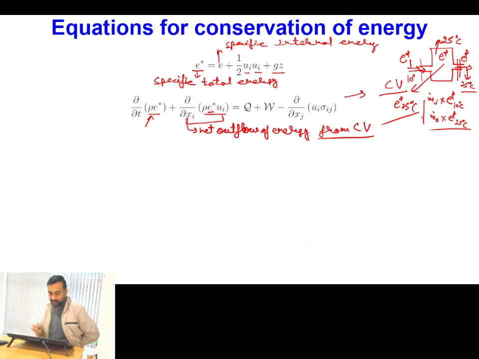So here I am talking about net outflow of energy from the control volume, because outflowing energy will have thermodynamic state E star, while incoming energy can have a state other than E star. Point is clear?